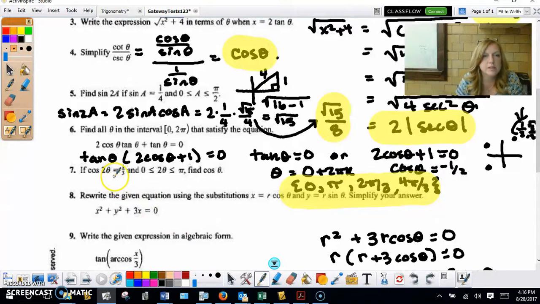All right, number 7 is very similar to number 5, using the double angle formula for cosine. Remember there were 3 versions of that, and since I know the cosine of 2 theta equals 1/3, I would probably go ahead and switch that to the one that only has the cosine. So I would do an identity substitution and make this 2 cosine squared theta plus 1 equals 1/3.